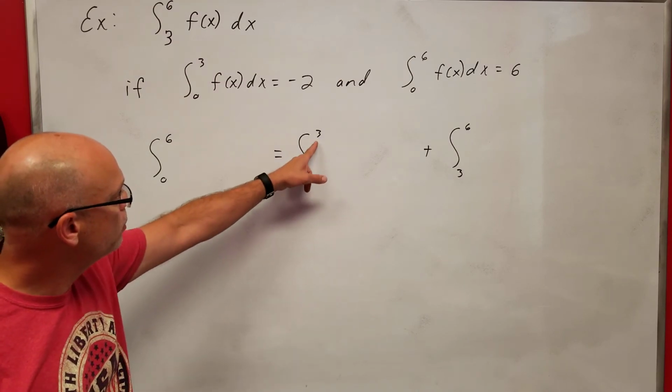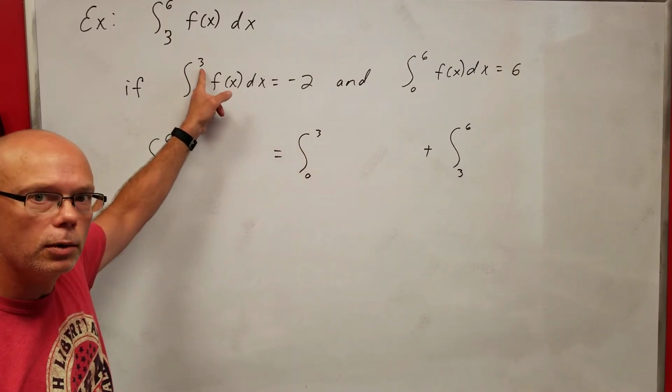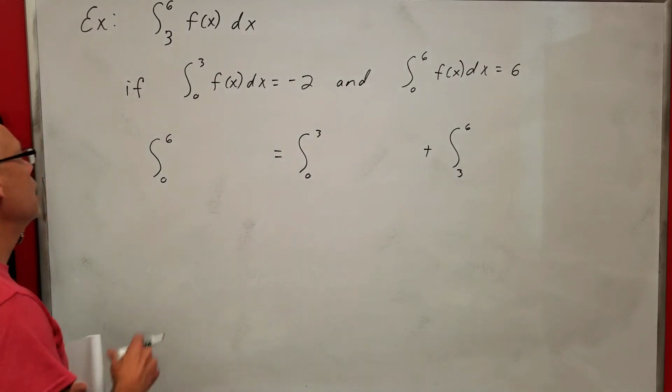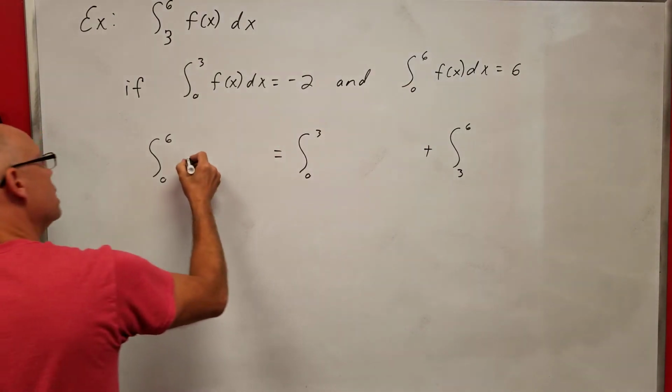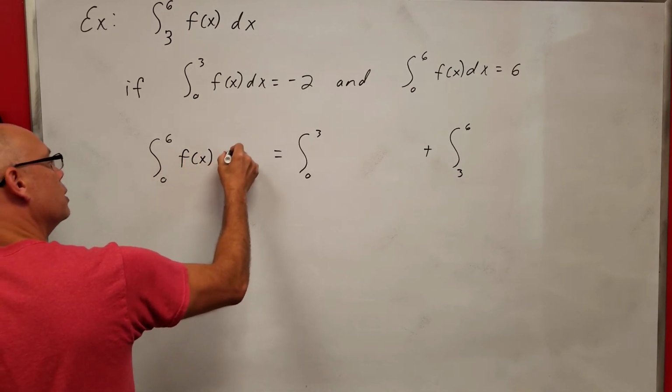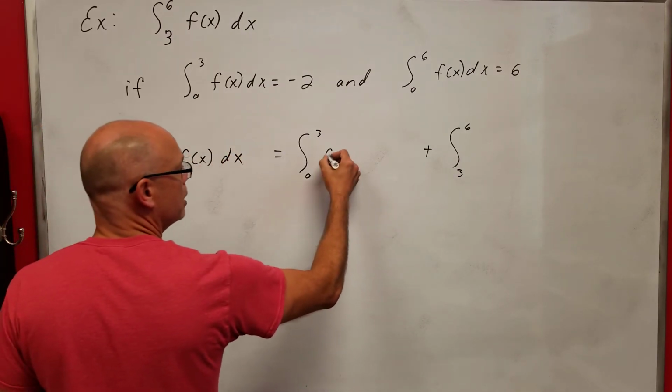Why am I stopping at 3? Because they give me the integral from 0 to 3. All right, so the integral from 0 to 6, let's fill in, of f of x dx. In fact, all of these are f of x dx, right?